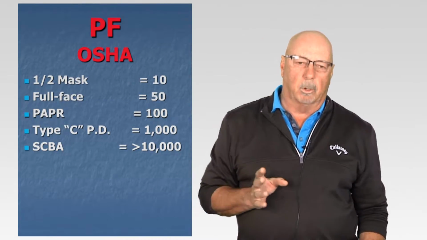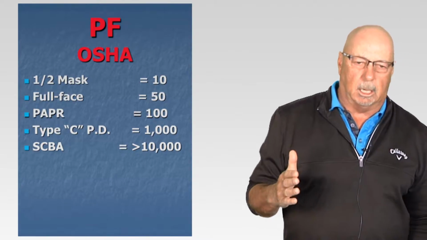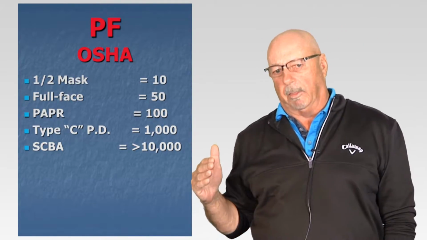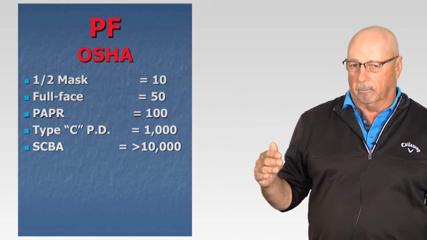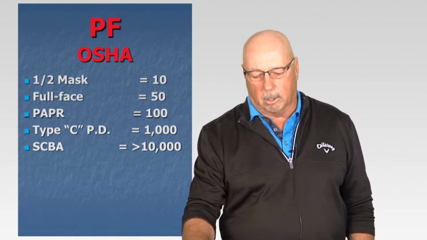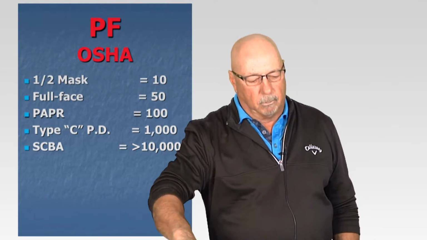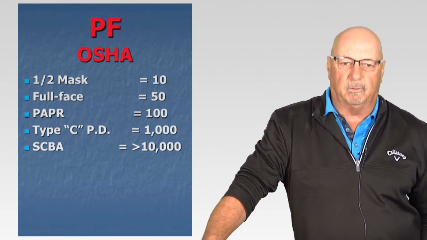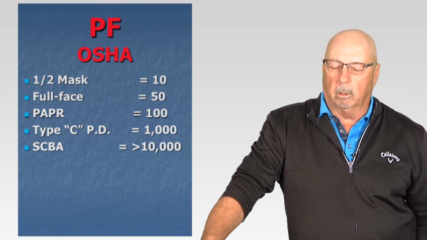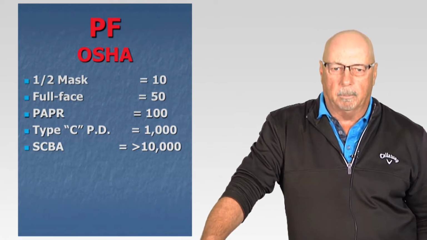For a half-mask respirator, the level of protection is 10. So theoretically, we can wear that respirator up to 10 times the PEL or the TLV for the particular chemical that we're interested in. For a full-face respirator, the protection factor is 50. For a powered air purifying respirator, it's 100.